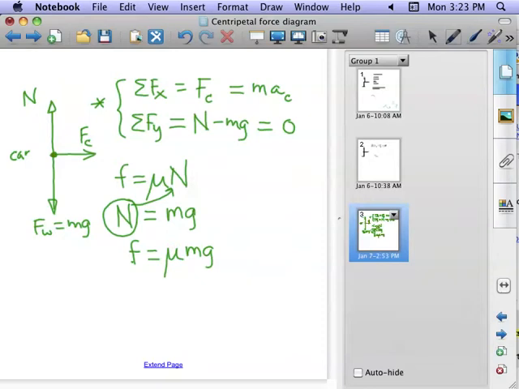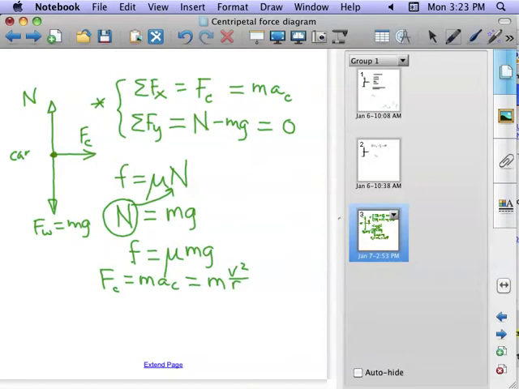And to test this, we will say is the centripetal force, which is going to be that, and that would become mv squared over r.